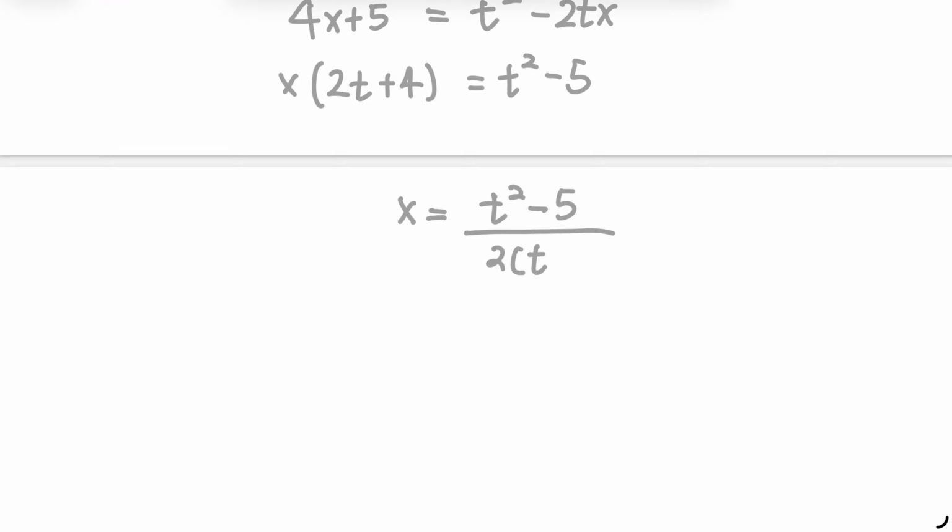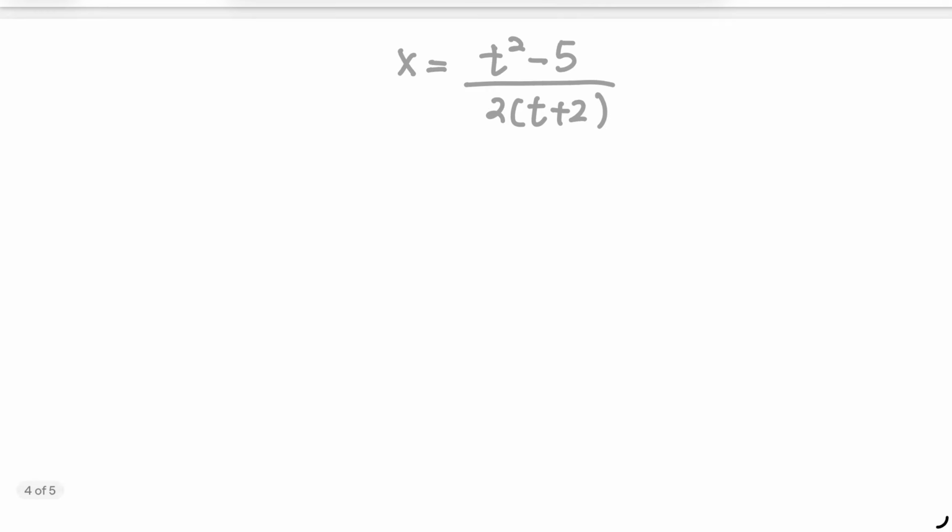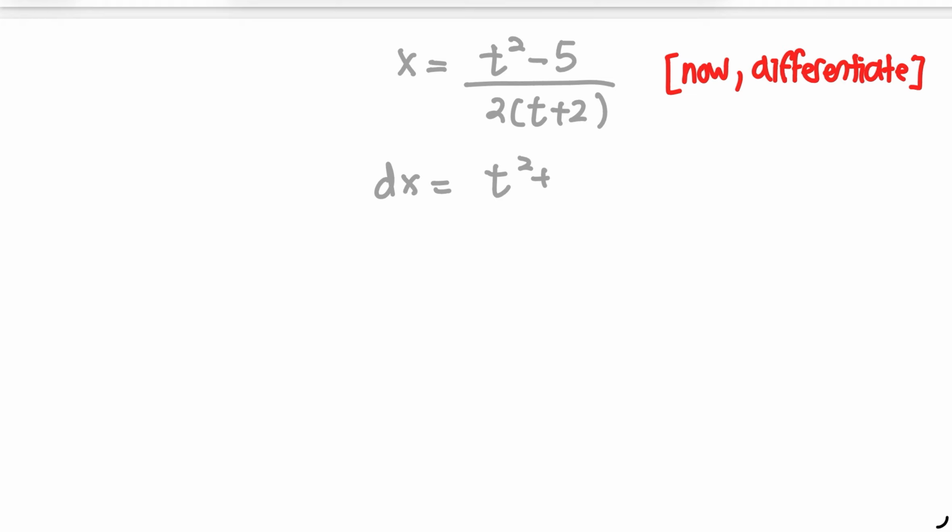When we make it in terms of x, then we are able to differentiate it. So dx is equal to (t squared plus 4t plus 5) over (2t plus 2) squared dt.